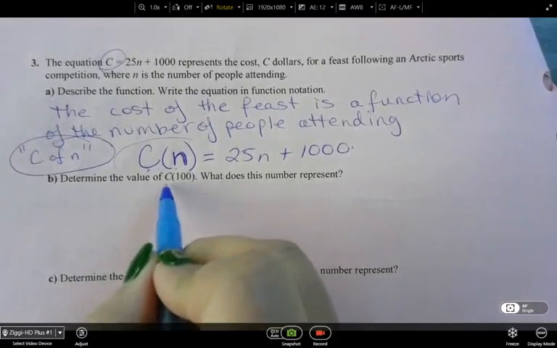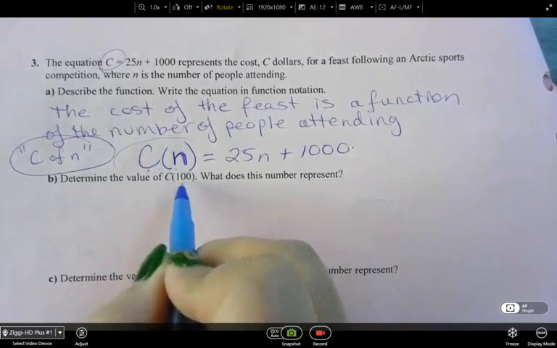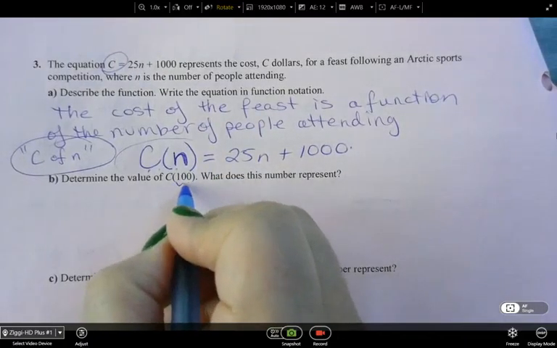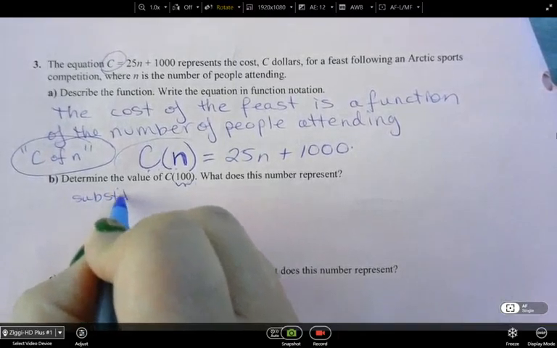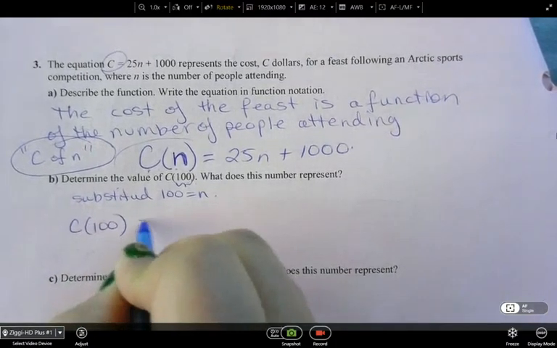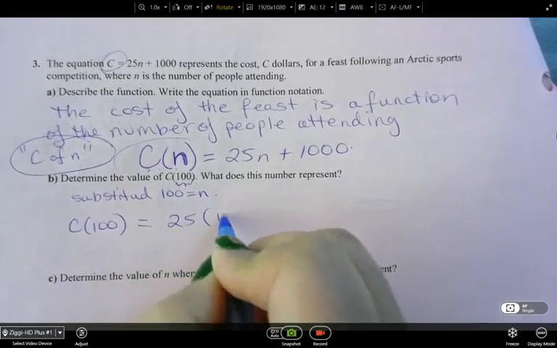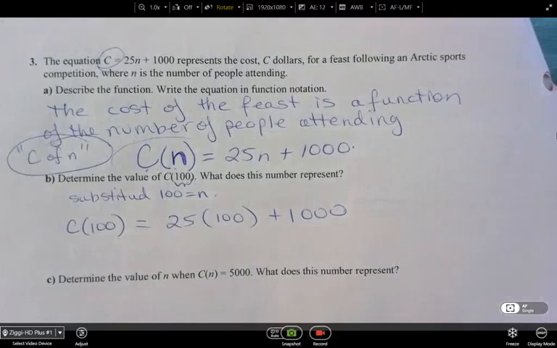So then here I say determine the value of C of 100. So when you have a bracket here, that means you're going to substitute 100 for n in the equation. So C of 100 is going to be 25 times 100 plus 1,000.